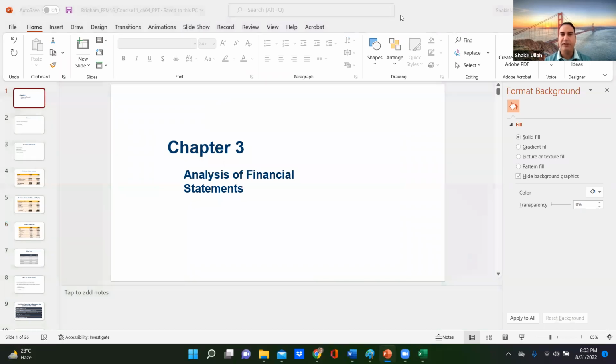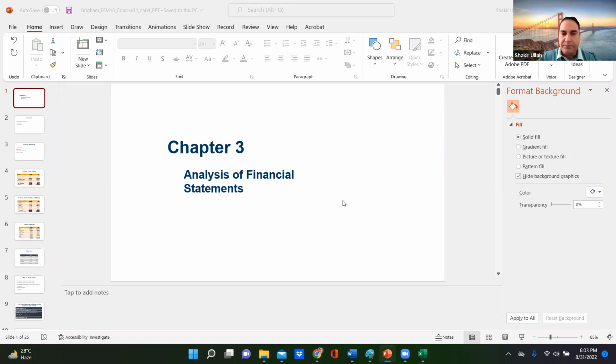This is chapter 3, analysis of financial statements. Now, you might recall from our first class where we talked about the roles of accountants and finance managers and the CFOs, for example, specifically dealing with finance.